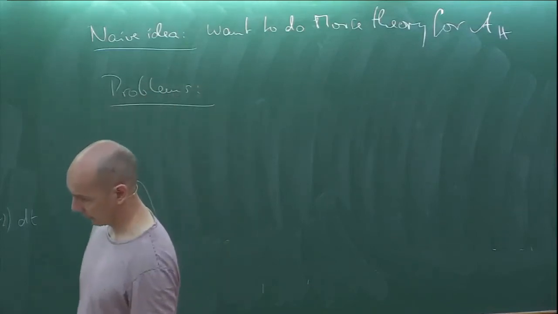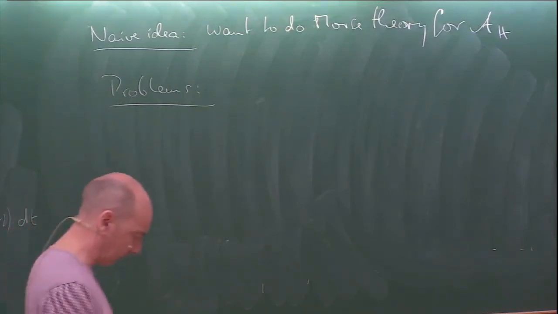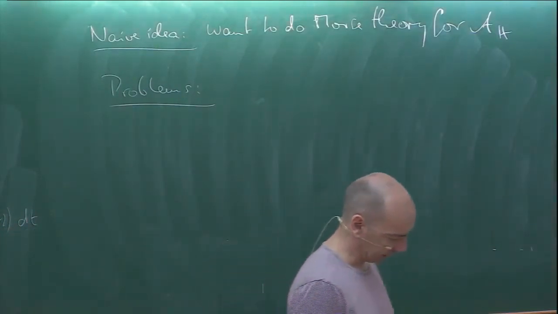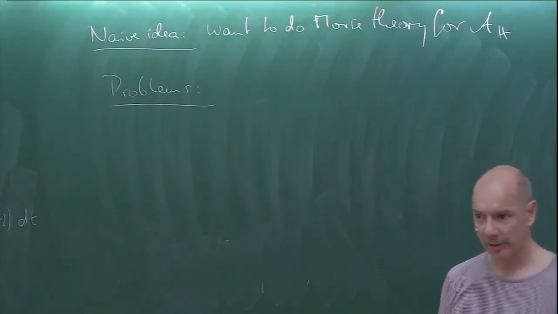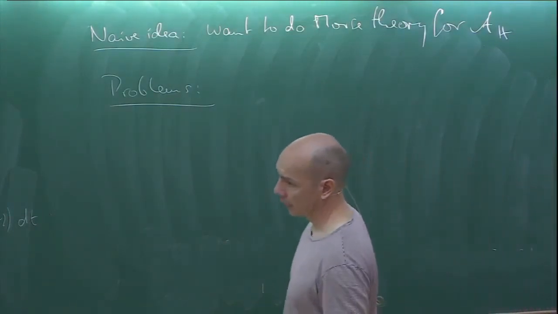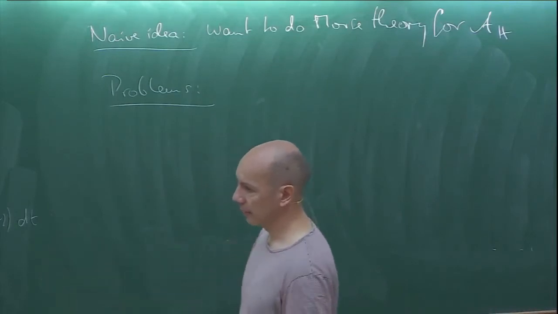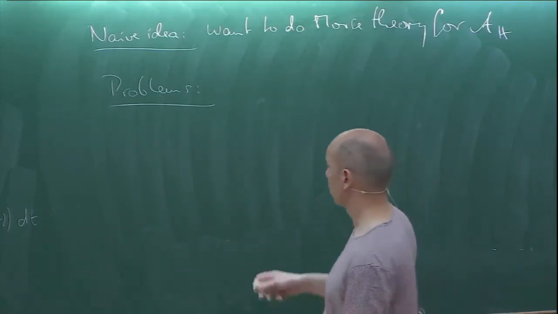Some of them are more serious than others. Well, the first obvious thing is my loop space is infinite dimensional and it's not compact, clearly. And so if I have functions on a non-compact manifold, then I have to be a bit careful when I do Morse theory, because depending on what kind of function I choose, I might get very different answers. But more importantly, AH is even worse: it's not bounded from below, not bounded from above.